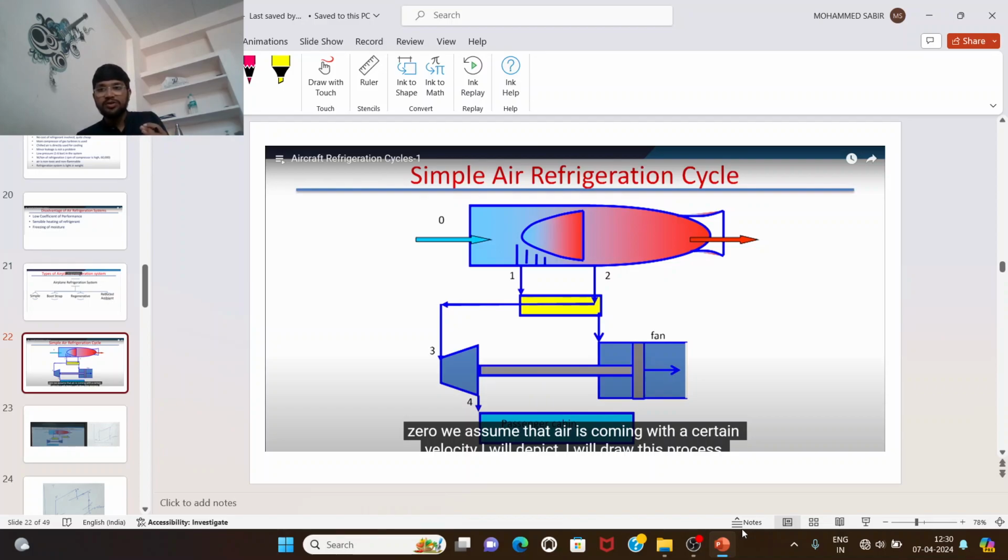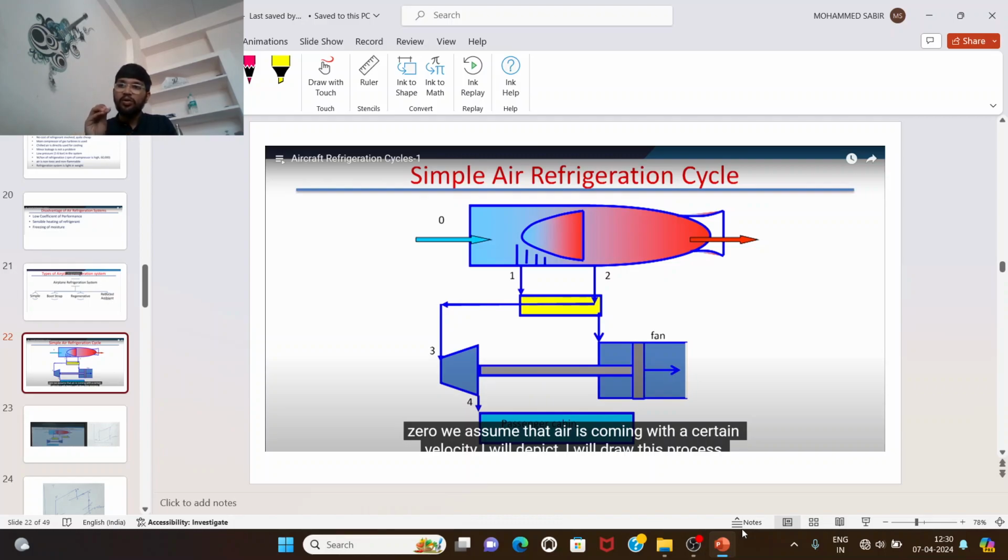This velocity is converted into enthalpy, so we get a high temperature. At state one, the velocity of air means kinetic energy, and the whole kinetic energy is converted into pressure energy.